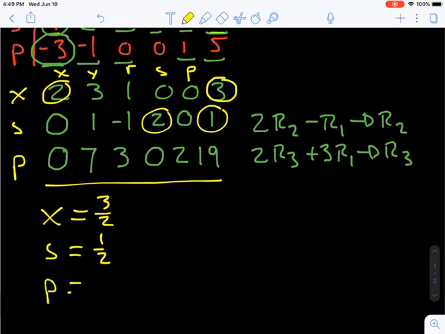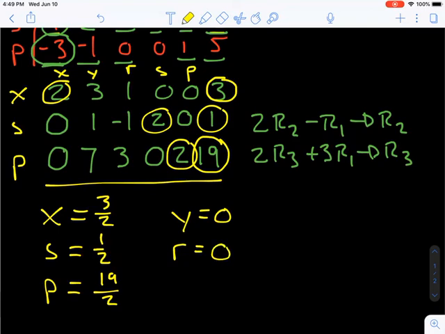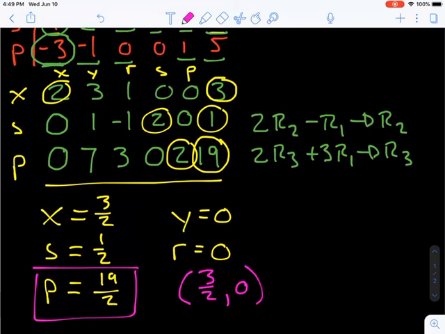P, that's going to be our solution, is 19 divided by 2. Everything else will then be a 0. So Y is 0. And R is 0. So that means that our optimal solution is P equals 19 halves, and it occurs at the point 3 halves, 0.